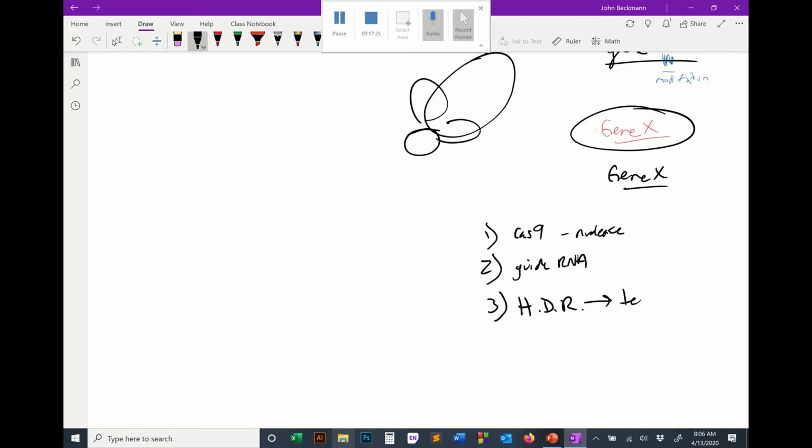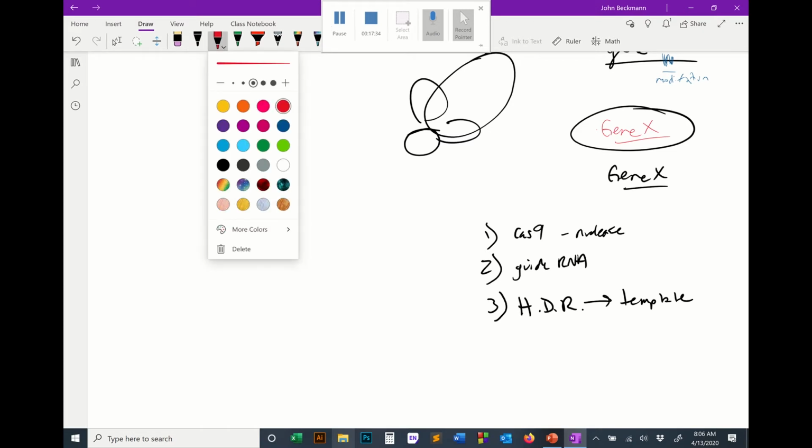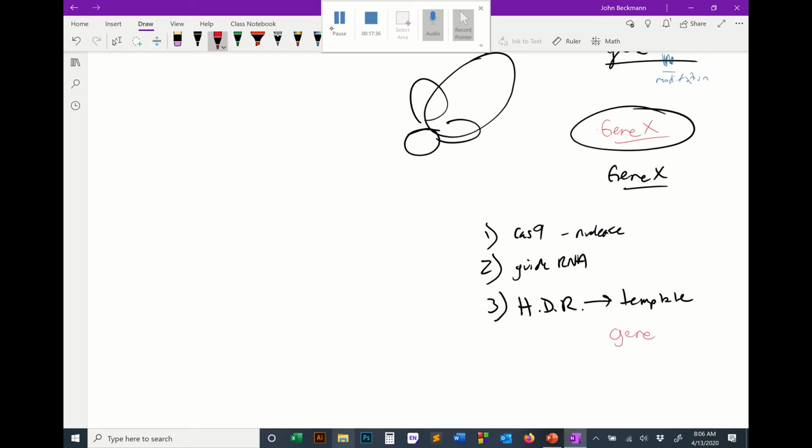And so we're going to need a template of gene X. Actually, I should redraw this in the transgenic gene X. We need a template for that. These are the three things we're going to need to build a special circuit that is going to drive a chain reaction, converting all gene X wild type in a population to transgenic gene X. And we have to organize them in a special way for this to work.